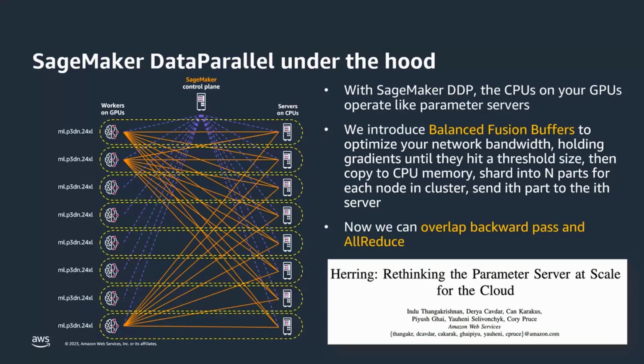After that, we copy the fusion buffer to CPU memory and shard it into multiple parts for each node in our cluster, and then send certain parts to certain servers. In that way, we can balance the data being sent and received from each parameter server, ensuring the bandwidth is efficiently utilized and addressing the primary challenge with traditional parameter servers.